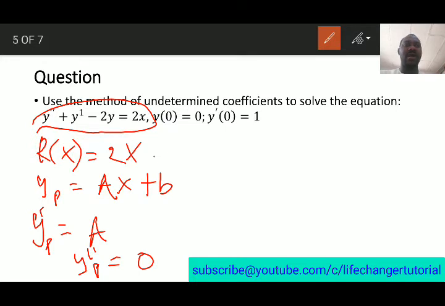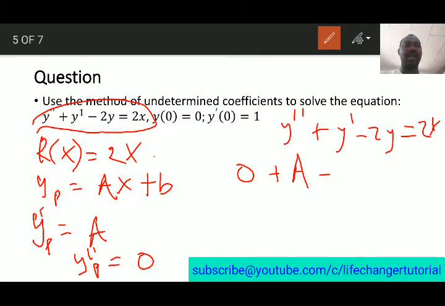Remember, we had that y prime prime plus y prime minus 2y is equal to 2x. If we make that substitution, y prime prime p here is 0, plus y prime is a, so we have a, minus 2y, that means 2 times, what is our y? ax plus b, all of this is equal to 2x.